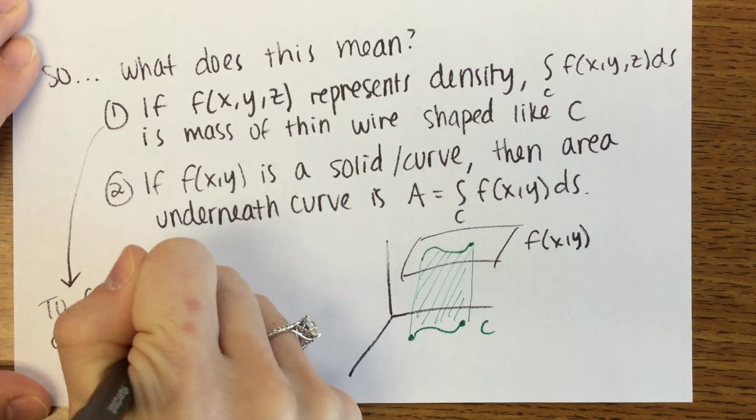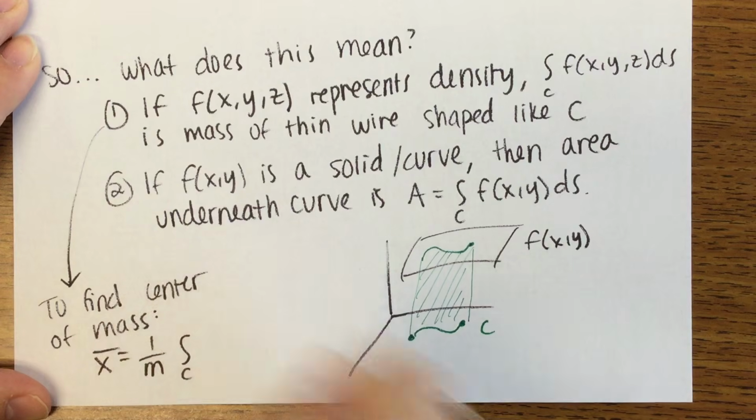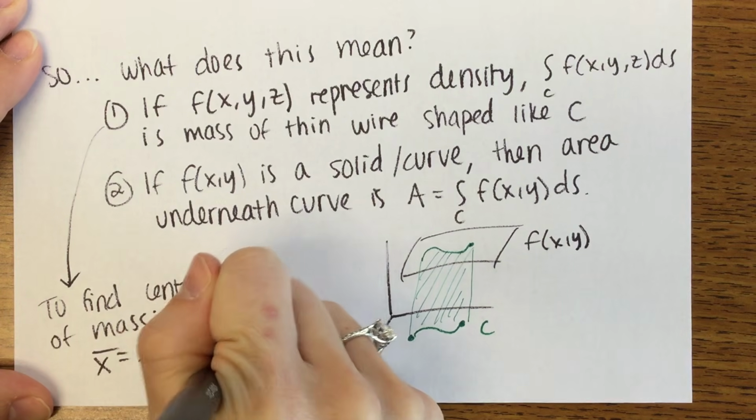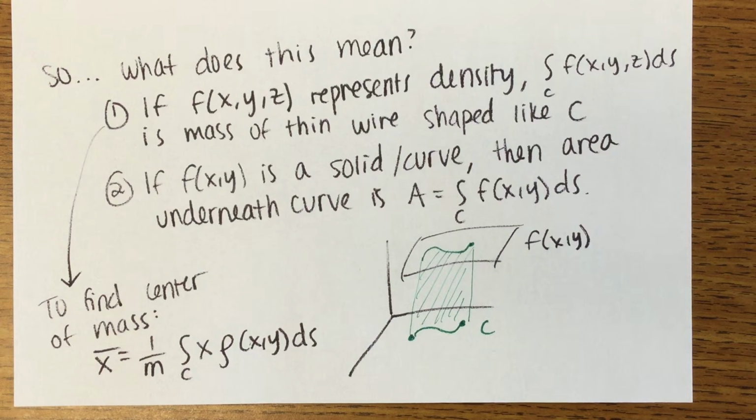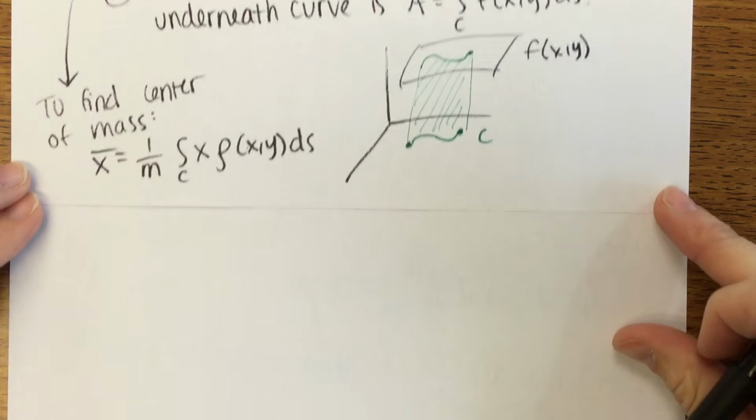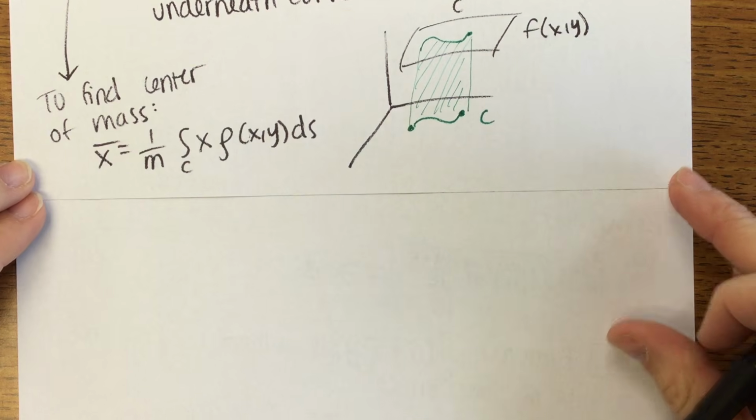If you are finding x bar, it's 1 over the mass, the line integral this time of x times the density ds. Okay. Are we ready to keep going?